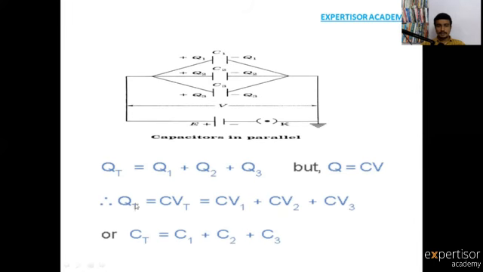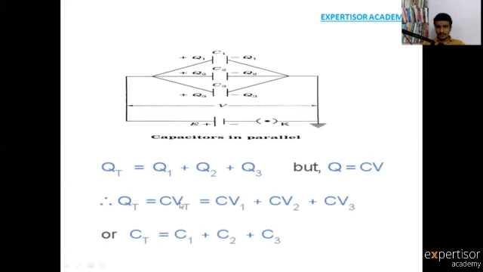See this one, total charge is equal to C V total, that means total voltage into C. Here total voltage or voltage at three capacitors must be equal to V only.